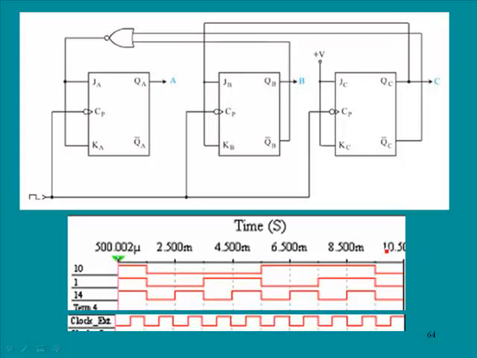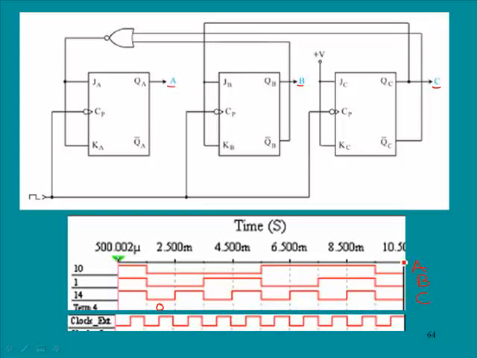Again, this is A, B, and C, and this corresponds to the outputs of flip-flop A, B, and C. Our counting would start at 0 and count up through 7.